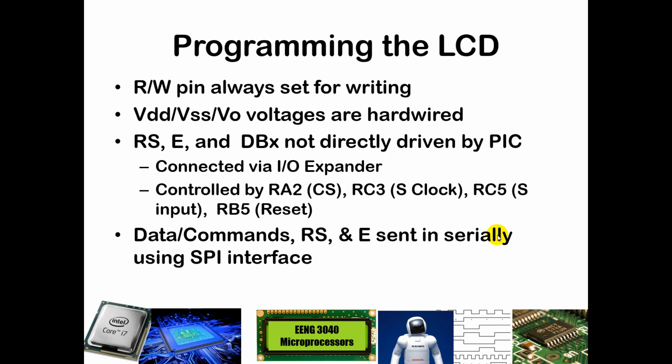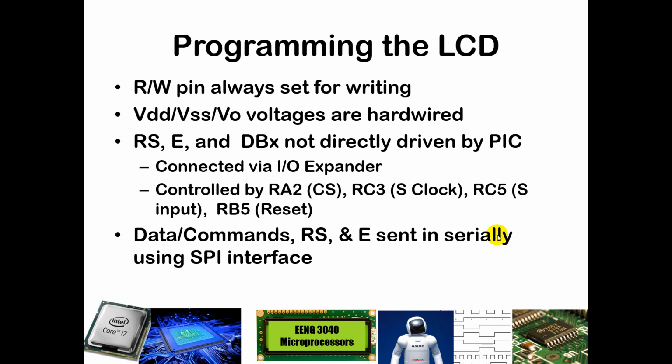So, in order to program things, we need to make sure we understand where these signals are coming from. The RW pin is always set for writing. We cannot, in this configuration, use it for reading. As mentioned previously, VDD, VSS, and VO are already hardwired, and our RS, E, and our various DB pins are provided through this external expander.